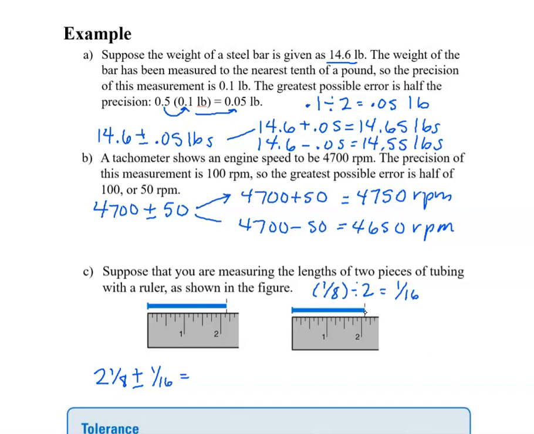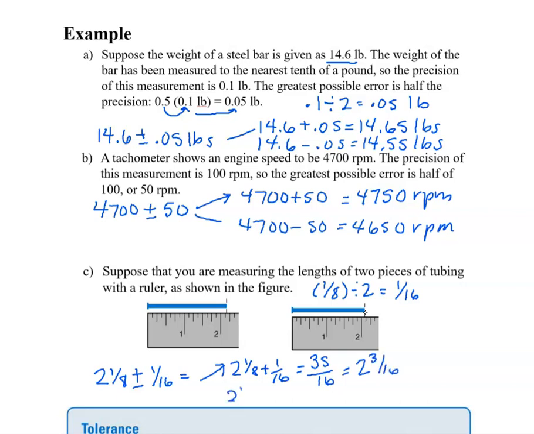Okay, and so when we do 2 1/8 plus 1/16, we are going to get 35/16, which is also 2 3/16.